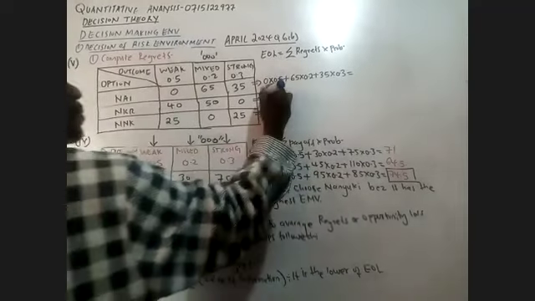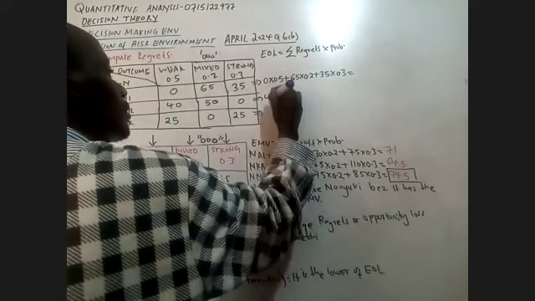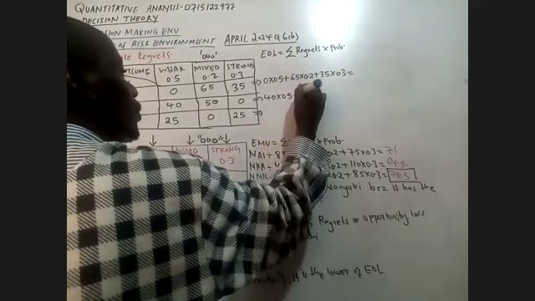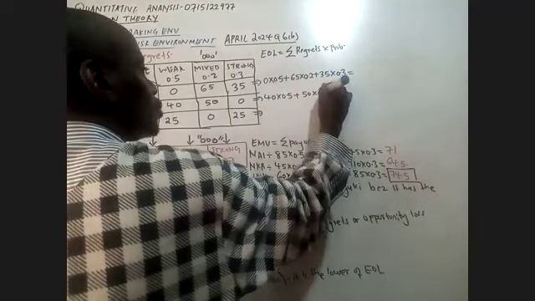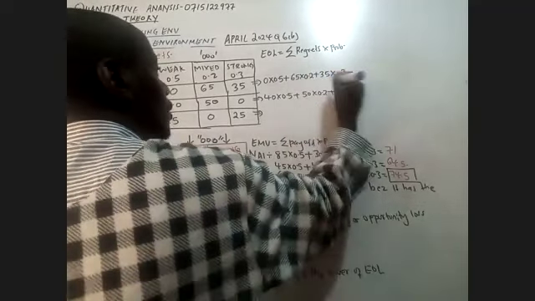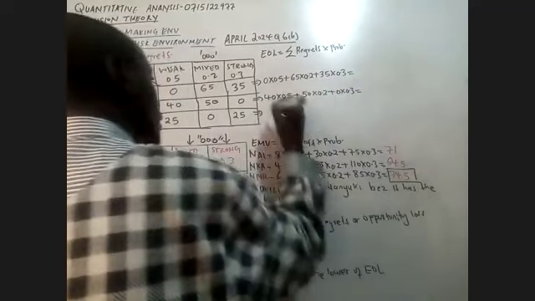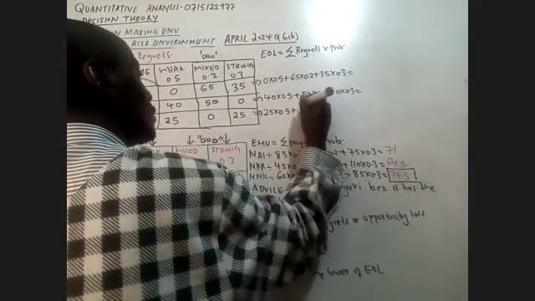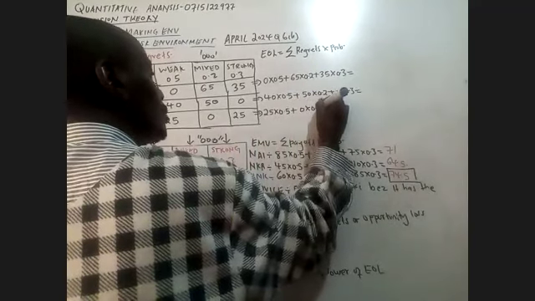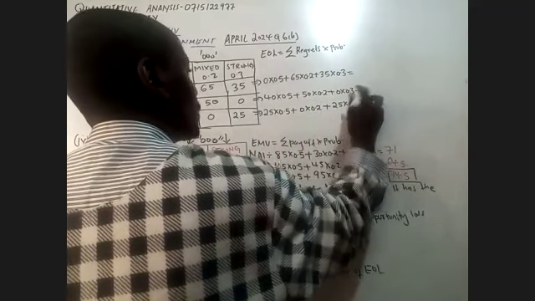Then Nakuru: 40 times 0.5, 50 times 0.2, 0 times 0.3. Then Nanyuki: 25 times 0.5, 0 times 0.2, 25 times 0.3.